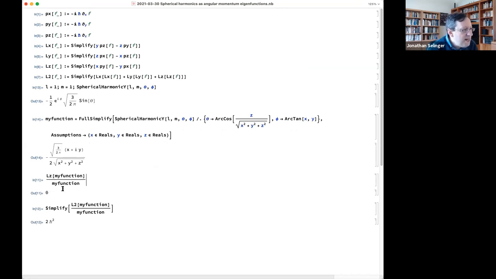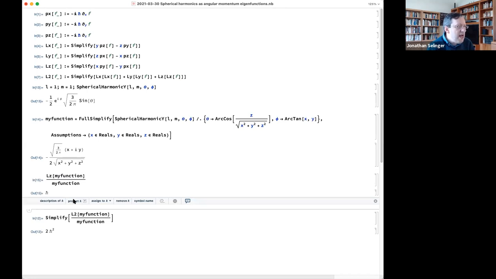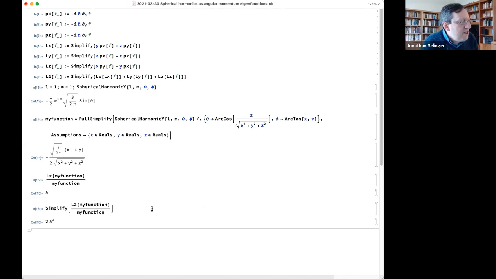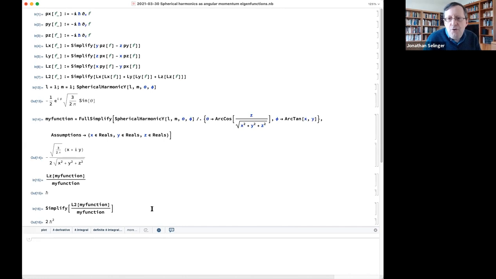If I let Lz act on it, that's just h bar times the function. That's good, right? M equals 1, that's what it's supposed to be. If I let L squared act on it, it's still 2 h bar squared times the function.